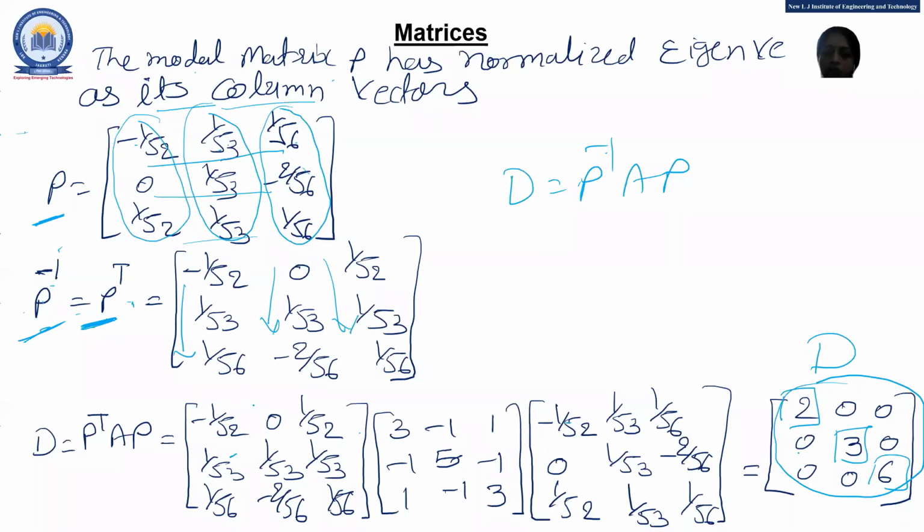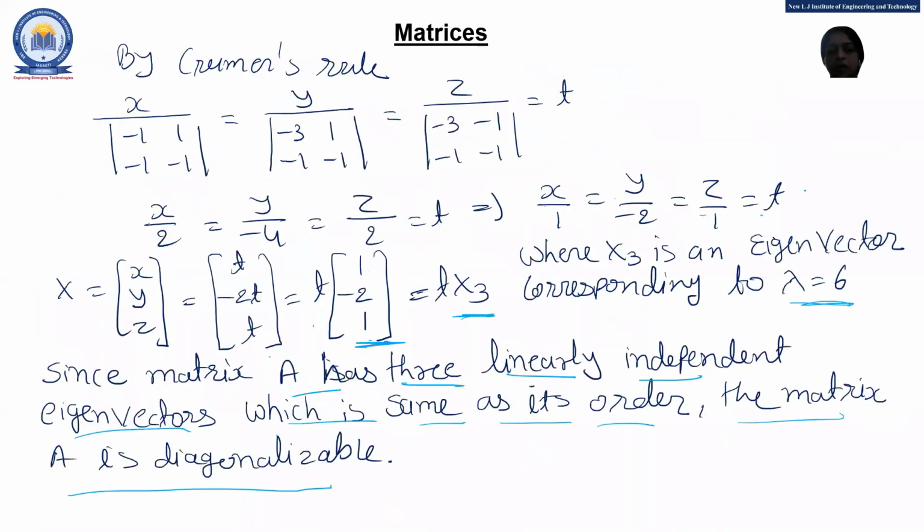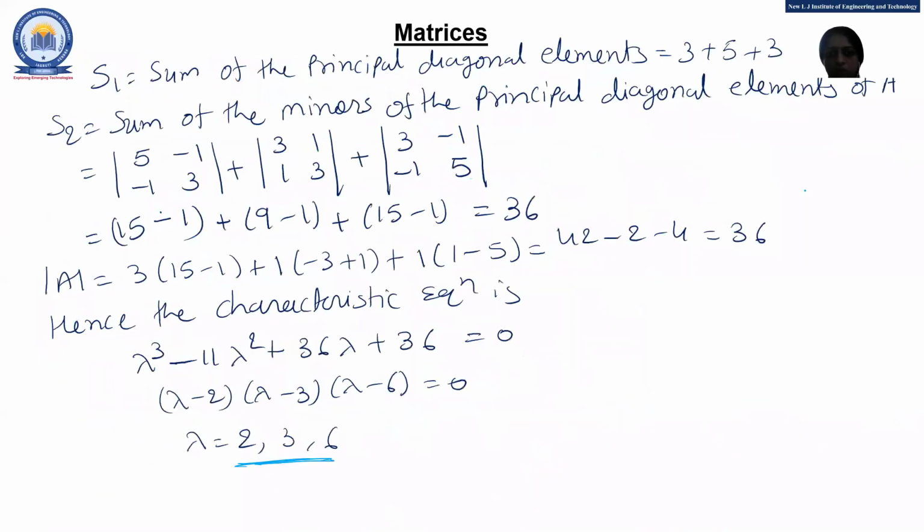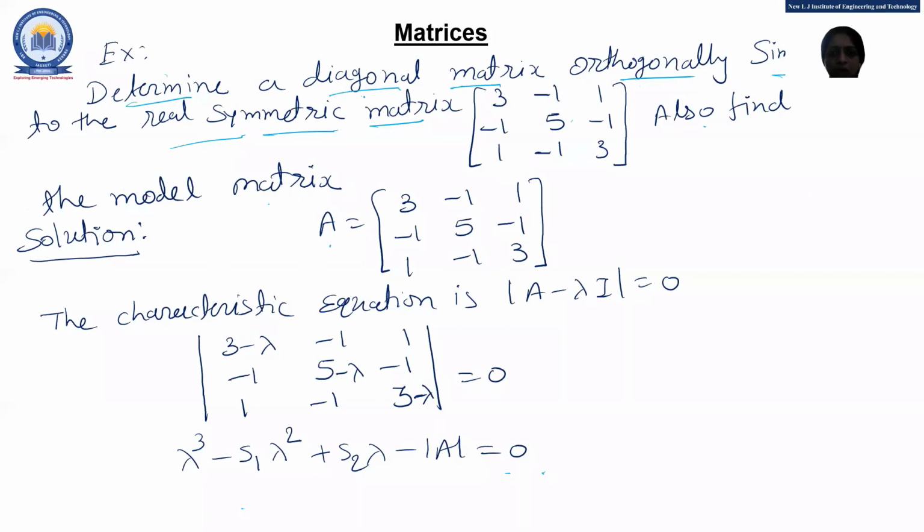If you don't want to multiply these 3 by 3 matrices, you may also apply the rule PD is equal to AP if you wish. So you may prove it both ways. This is the answer to what they asked: determine the diagonal matrix orthogonally similar to this symmetric matrix.